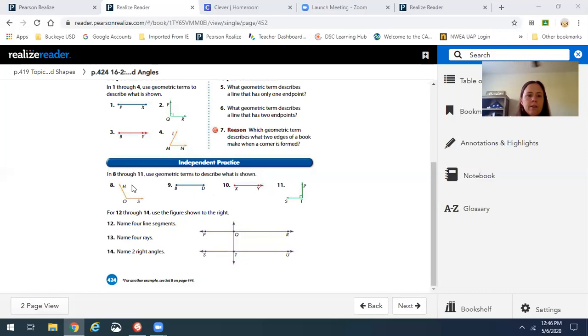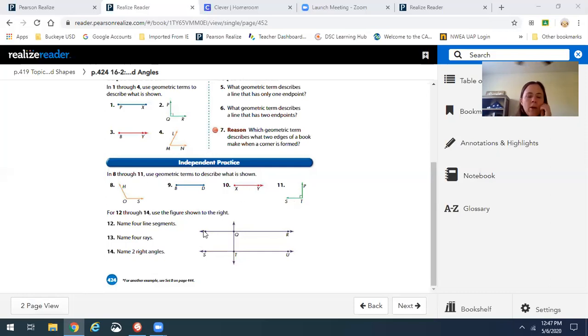This angle right here would be 90 degrees. Oh, this is bigger, so this is an obtuse angle. This has two endpoints, so this is line segment BD. This one is going this way, but it has that little square right there, so you know that's a right angle.